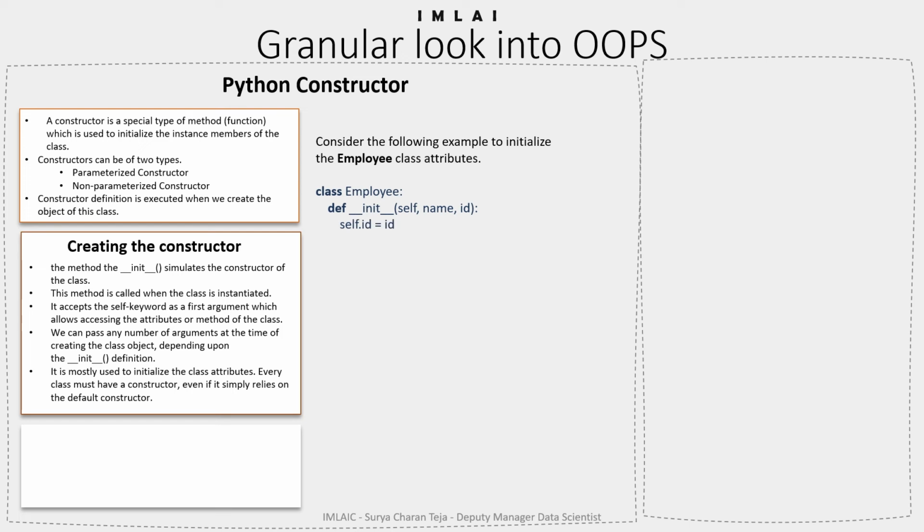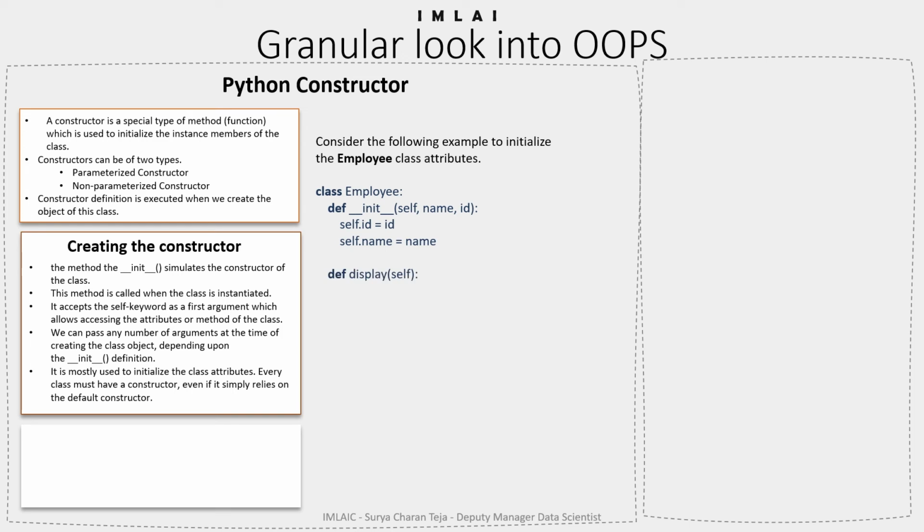One is ID and the second one is name. These are the two attributes I have constructed using init. That's why we call it a constructor. We use the constructor to allocate instance attributes.